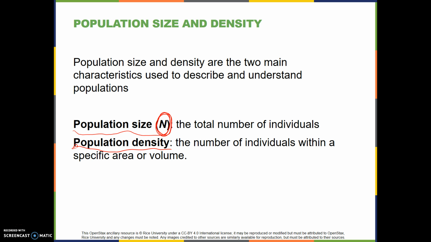So population density uses population size, but also the size of the habitat. If the population size is large and the habitat is large, then population density is small. But if the population size is large and the habitat is small, then population density is higher. So population density is the number of individuals per area.